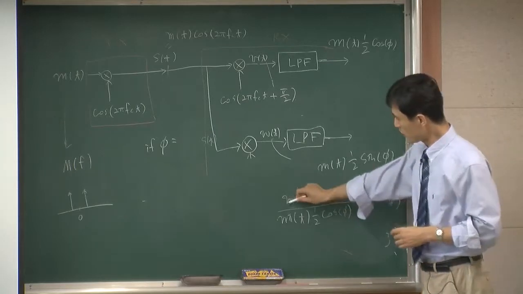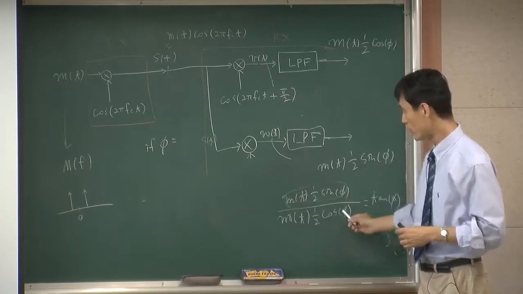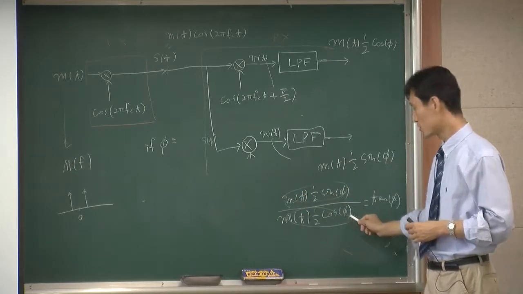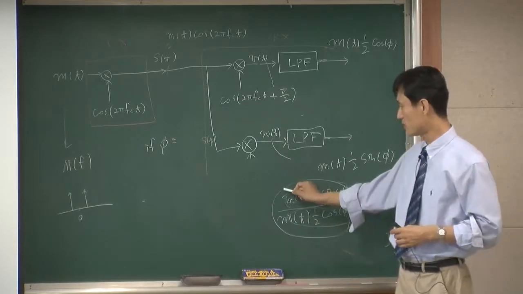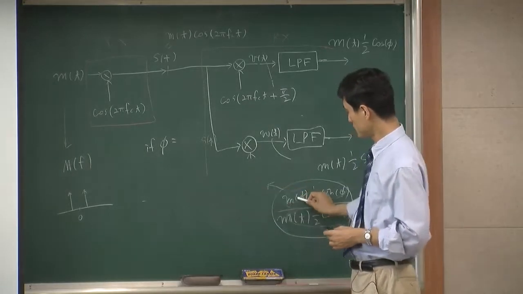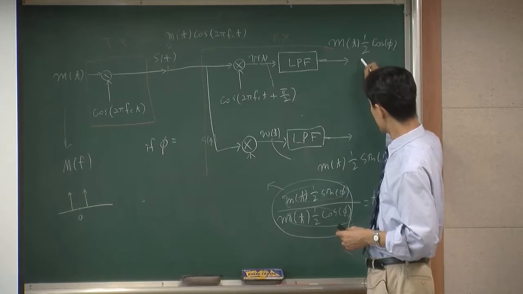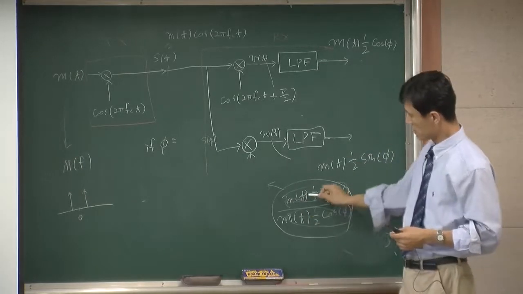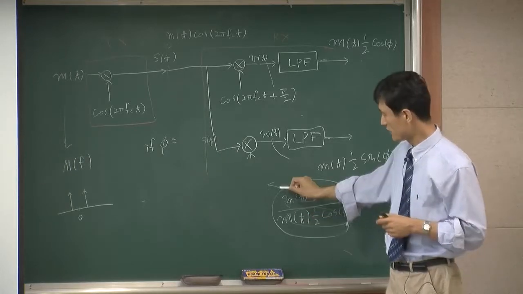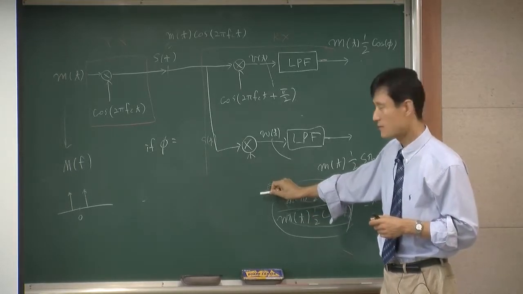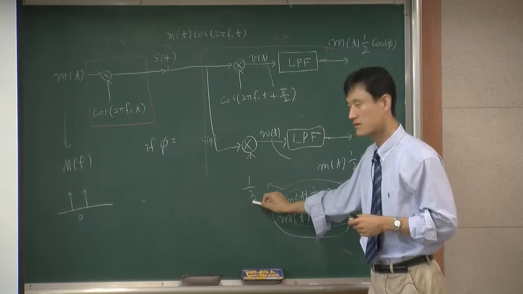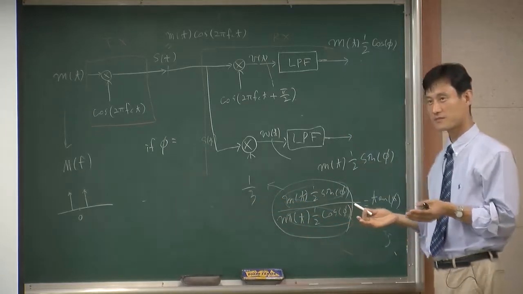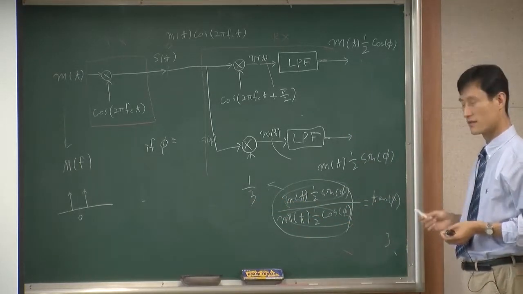And you already know these values. You simply do a division, then eventually you get this value. Let's say maybe this value is 1/3, something like this. Now, how do you get the phi?